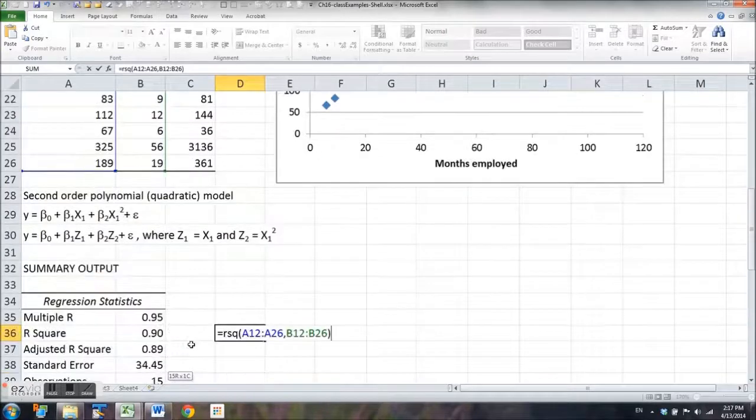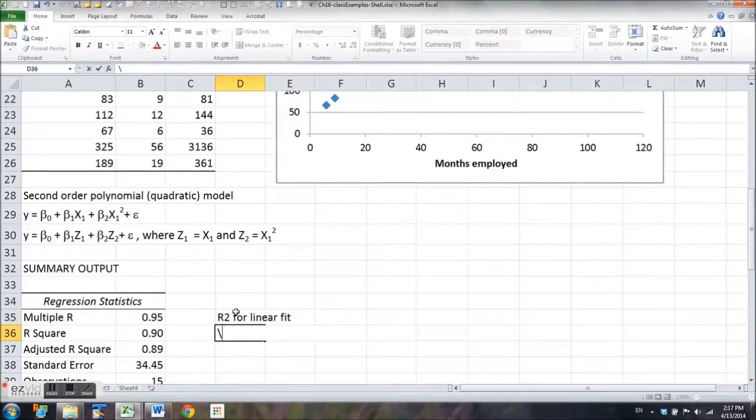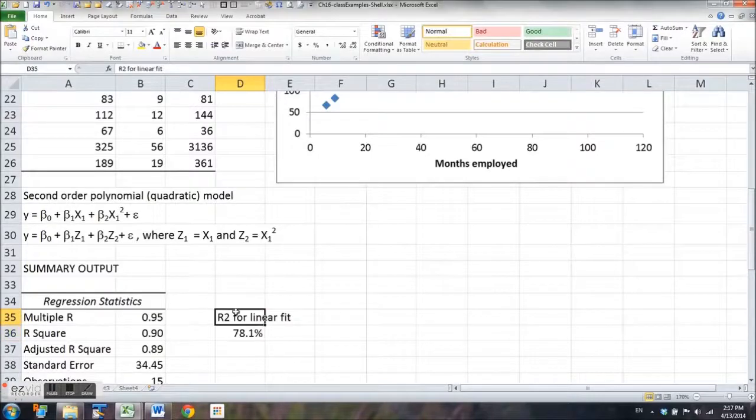So this will give us the linear equation. So the R squared improved from 78% to 90%. So this is R squared for linear fit.